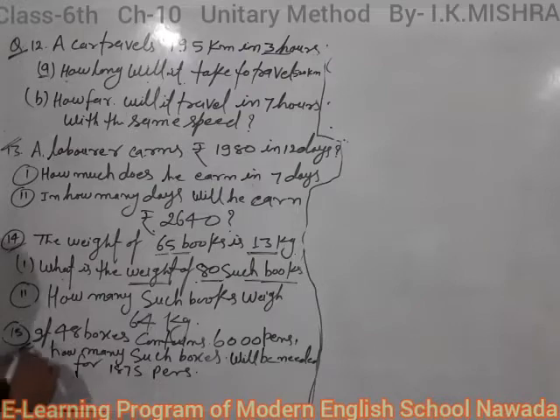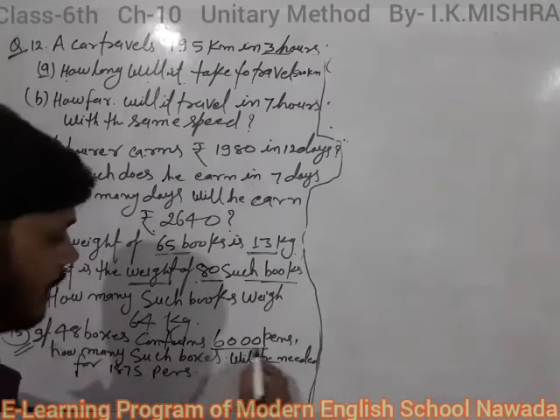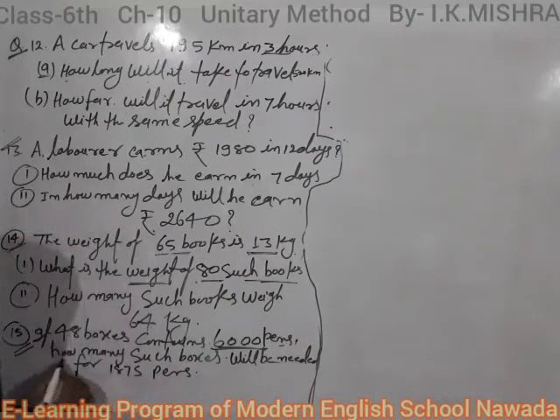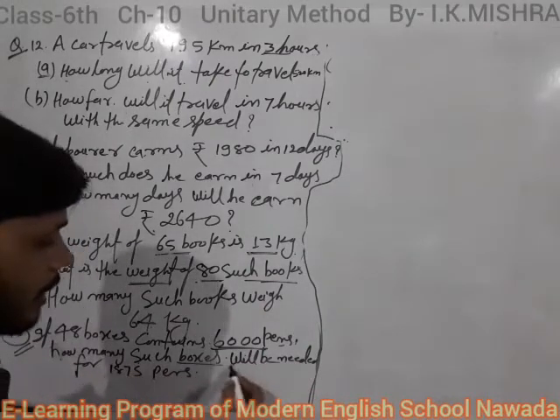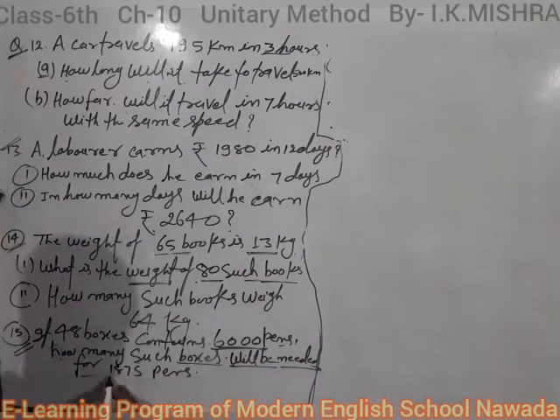Question number 15. If 48 boxes contain 6000 pens, how many such boxes will be needed for 1875 pens?